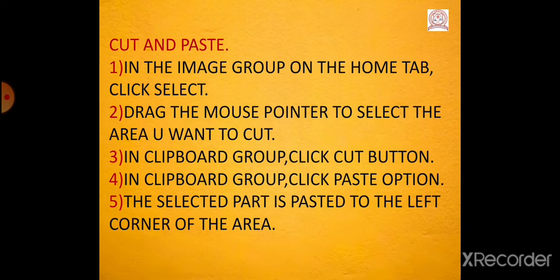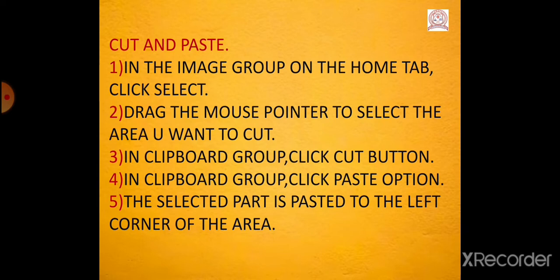Drag the mouse pointer to select the area of the drawing you want to cut. In the clipboard group, click the cut option, then click the paste option. First we have to cut it and then we have to paste it where we want to paste. The selected part is pasted at the top left corner of the drawing area.